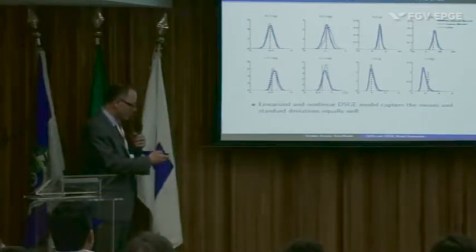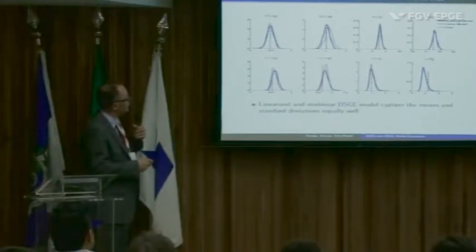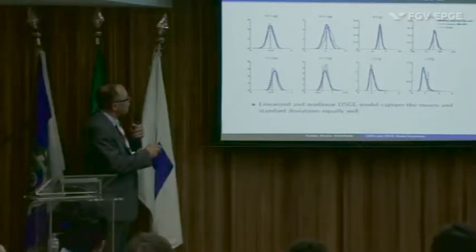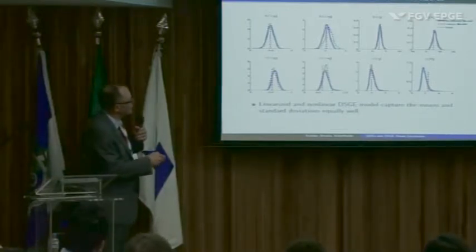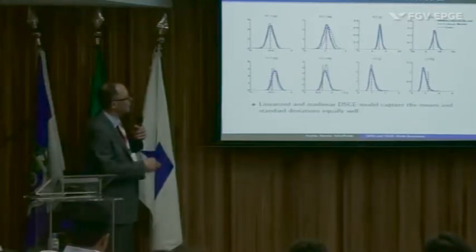You may not, from where you're sitting, be able to read all the legends here, but I'll walk you through it. The first thing that you should see is a blue density, and then there are these red vertical lines, and then sometimes you see a blue density and a dashed black density.